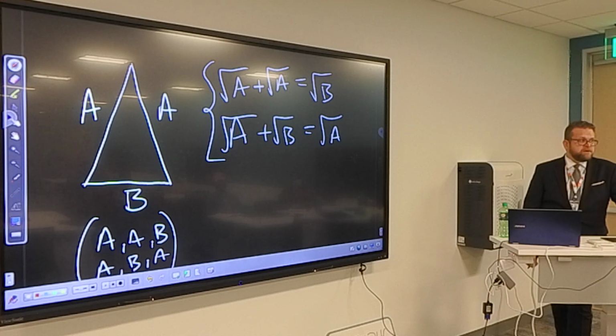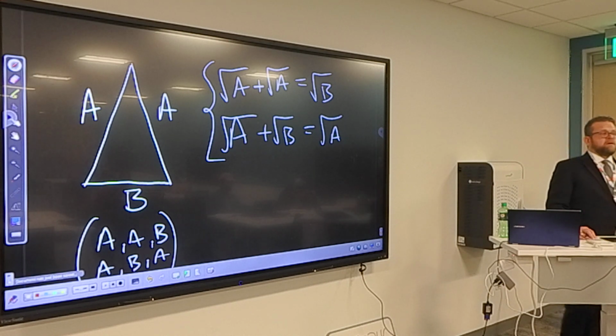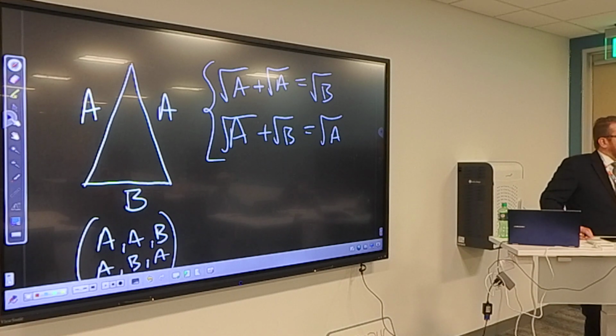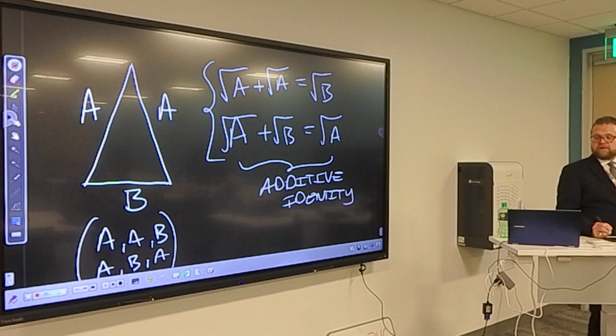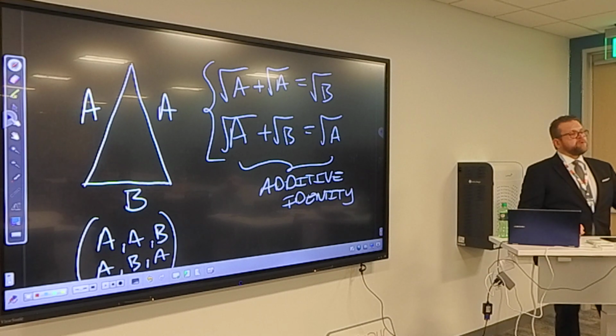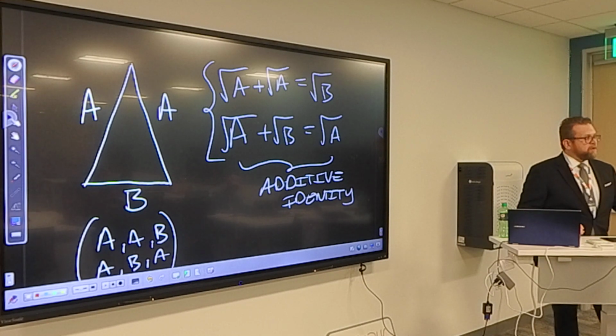Yes. This is the additive identity. Namely, it says that B is equal to what? 0.